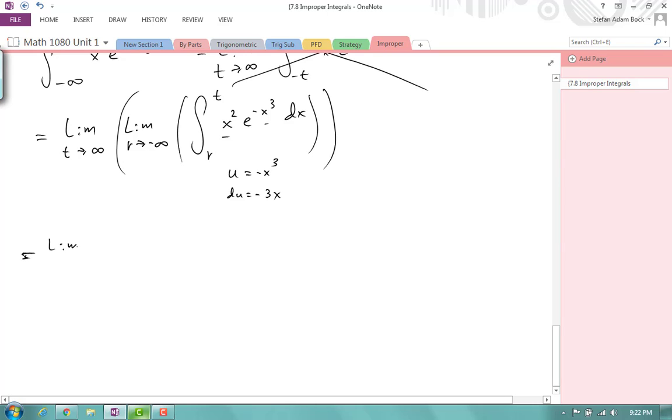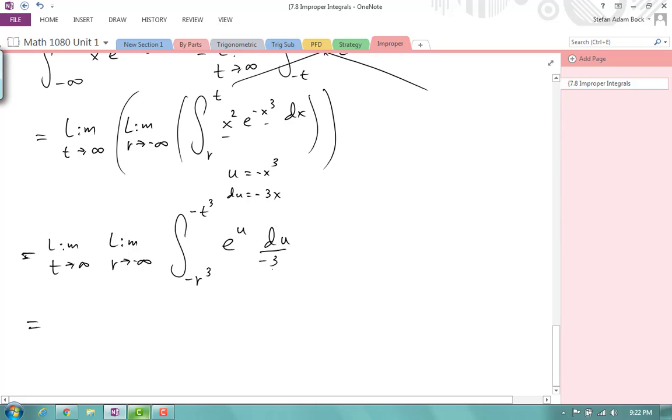So I'll have the limit as t goes to infinity and the limit as r goes to minus infinity of the integral. I'm going to change my bounds. This is negative r cubed up to negative t cubed. And I'm integrating e to the u, du over negative 3.